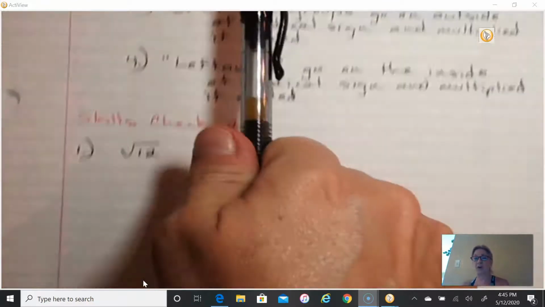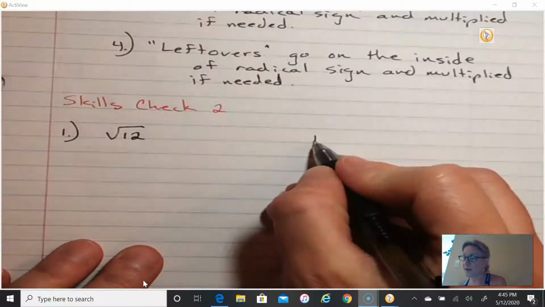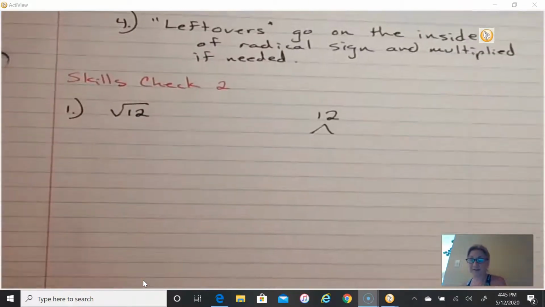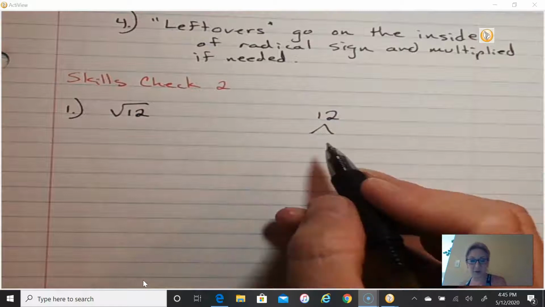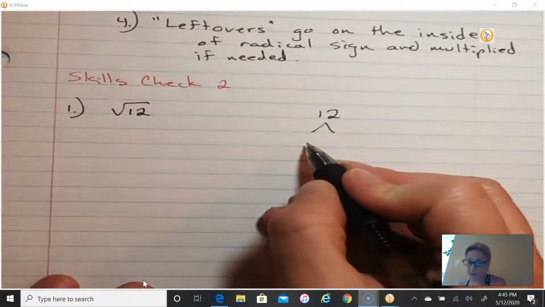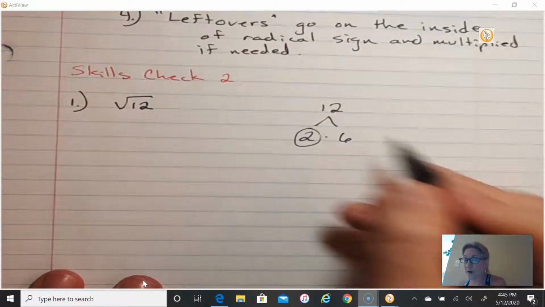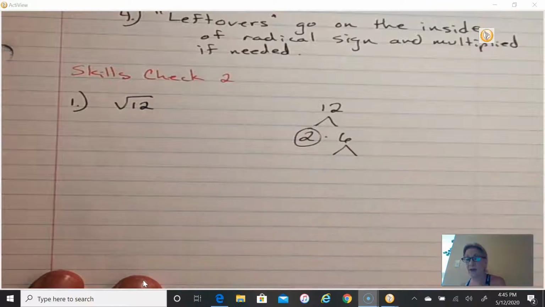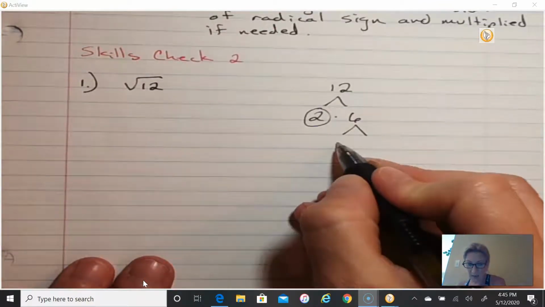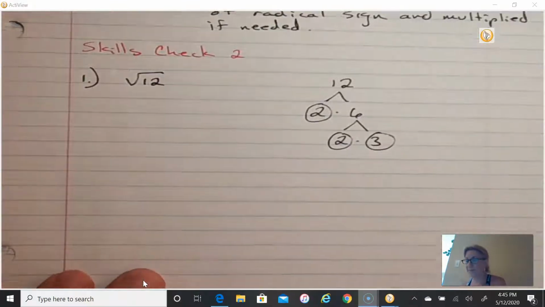Now, step 1, factor tree. So over here, we're going to do the factor tree. Remember this? What 2 numbers, when multiplied, give you 12? It can be any of them. I'm going to choose 2 times 6. We circle our prime numbers, and we keep going. 2 times 3. My notes are messy.